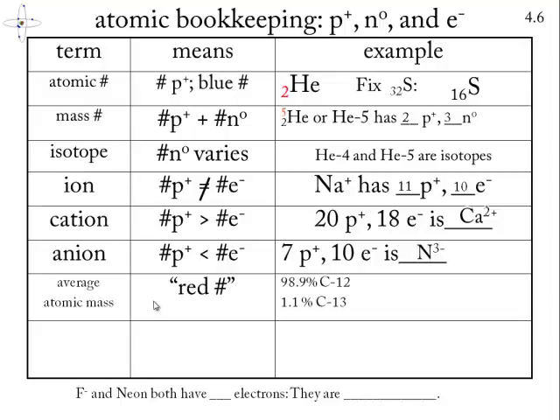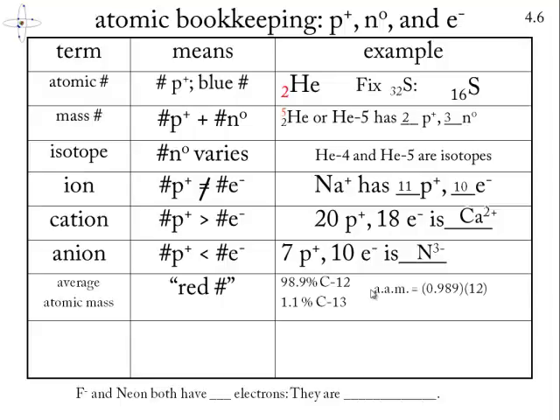There's so many of them that it's a very precise ratio. Carbon, for example, about 99% of it is carbon-12, meaning 6 protons and 6 neutrons. But 1% of it has an extra neutron, and that's carbon-13. That means the average atomic mass will be very close to 12, but it'll be a little higher due to that 1% that is 13.